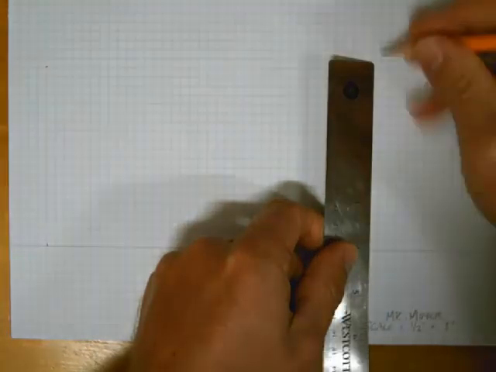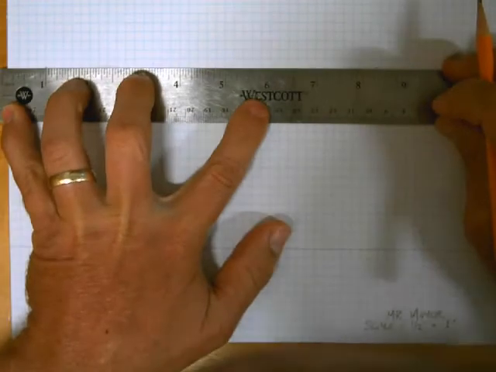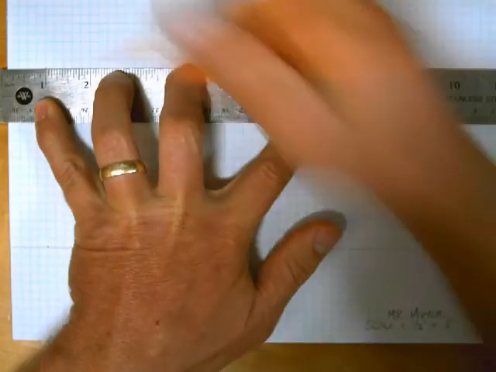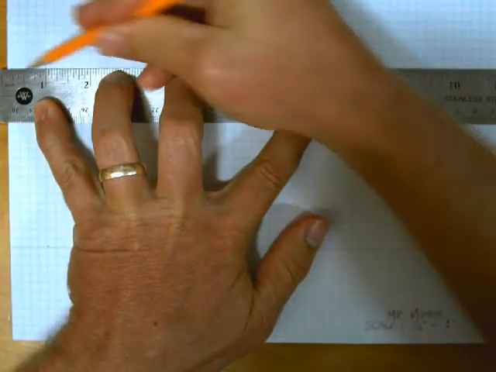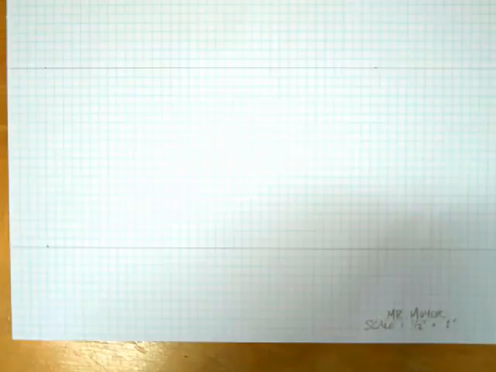I'm going to do that on either side of my straight line. This is going to give me another straight line. Again, because I'm using graph paper, it's going to fall right on that blue line. Once I'm holding it down securely, I'm just going to lightly drag my pencil across to both sides of the paper. And now I have the width of my floor plan.